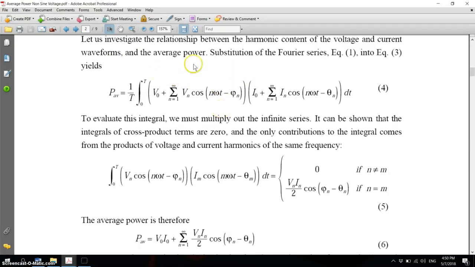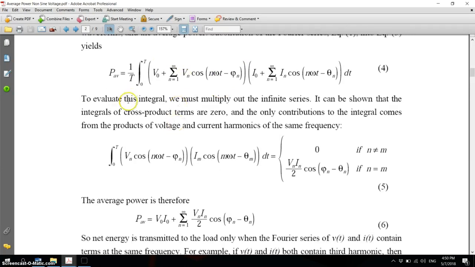Right, so if you solve this, it will come out of the integral of 0 to T of Vn cos omega t and Im. To differentiate between the harmonics of voltage and the harmonics of current, we use the m terms for the current and n for the voltage.